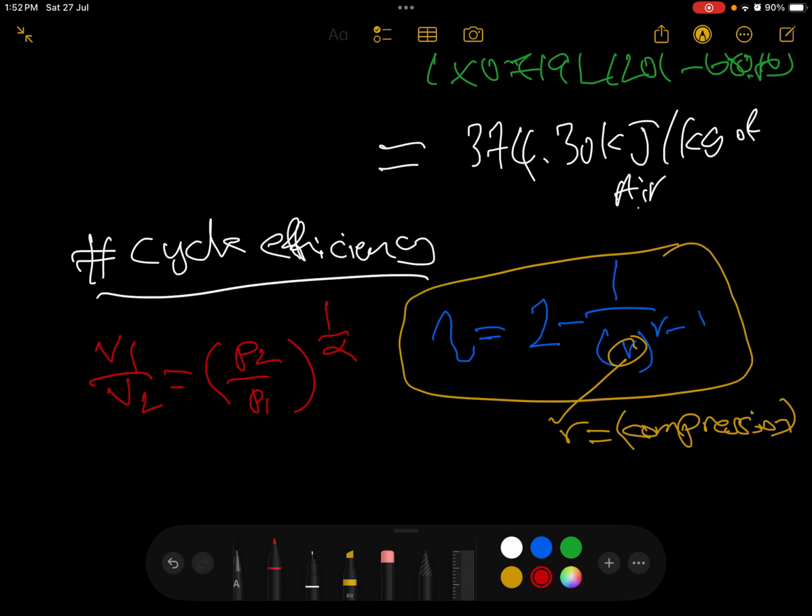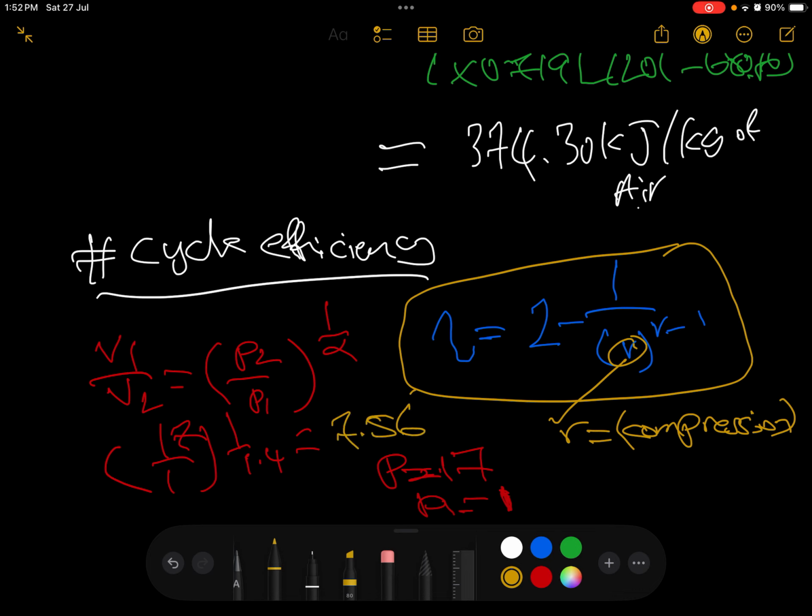So P2 equals 17, and P1 equals 1 already because it's 1 bar. So it's going to be 17 divided by 1 to the power of 1 over 1.4. It's going to equal 7.56. So that's actually the compression ratio.